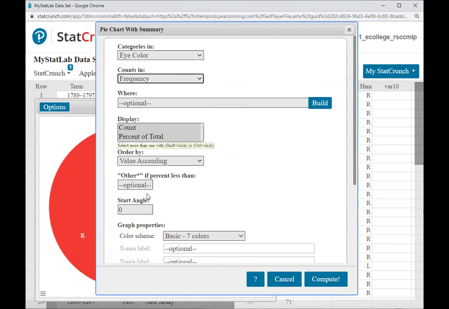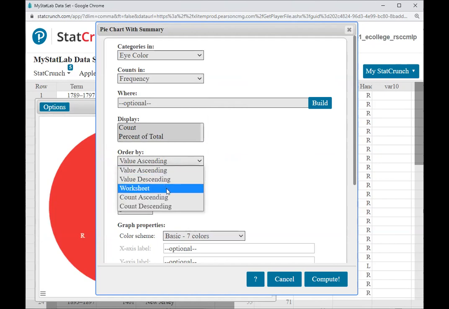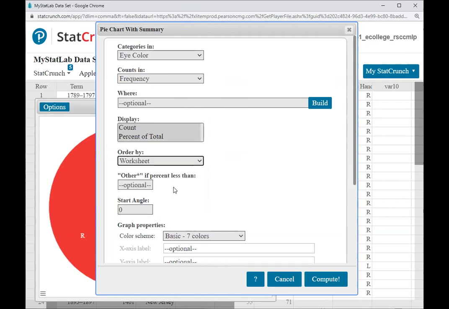And again, I'm just going to leave everything the way it is. I could change this to be worksheet if I want to make sure that it keeps it in the order of the table. But the eye color order doesn't really matter. So maybe out of habit, probably select that.